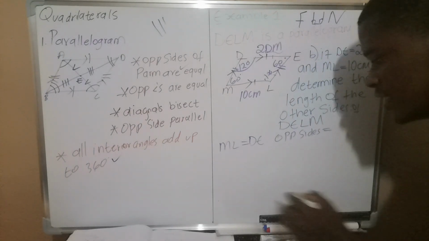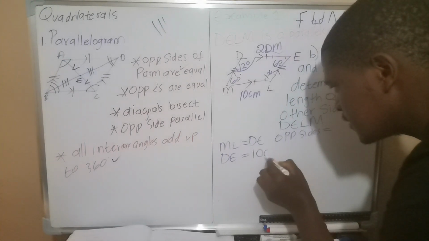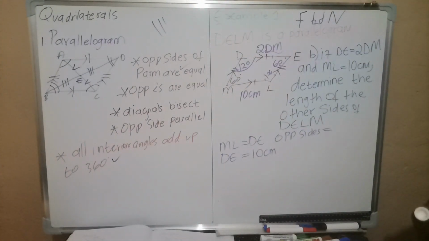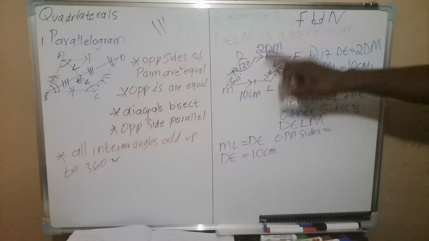Then what's the value of DE? DE is equal to 10 centimeters. Now we found DE because opposite sides are equal.